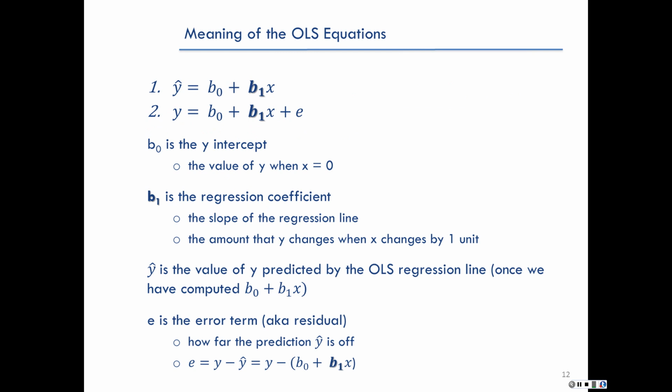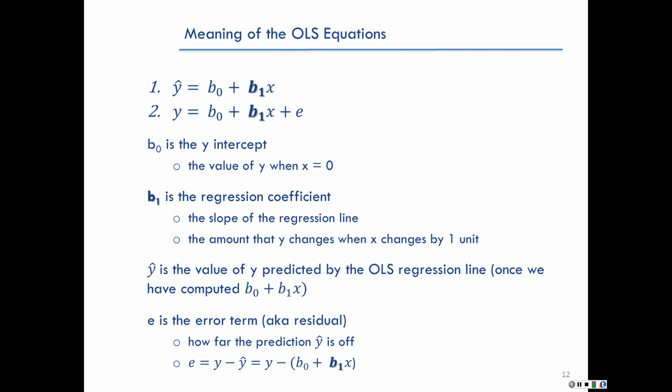So the first thing you should know is that y hat is the predicted value of y based on our regression line. So that's the value of y that you would find on the straight line that you saw on the previous graph. Y without the hat on it is the true value of y shown in the data points that are plotted on the graph.